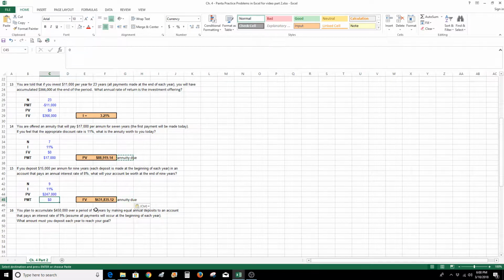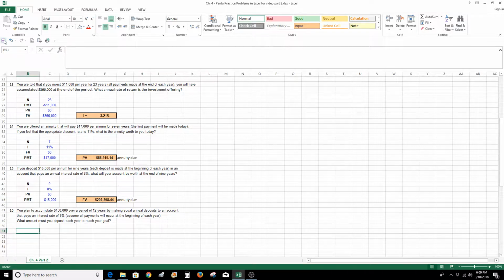Okay, $15,000 per year is my payment. And then annual interest rate of 8% and 9 years. And I'm going to change that to a negative. So that's telling me that my future value is $202,298.44.